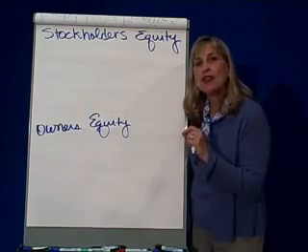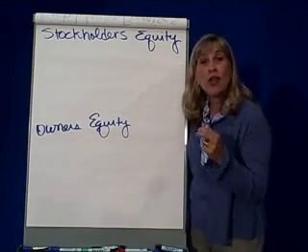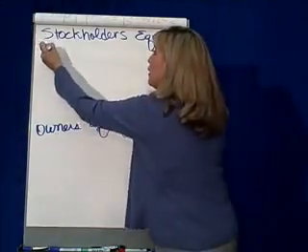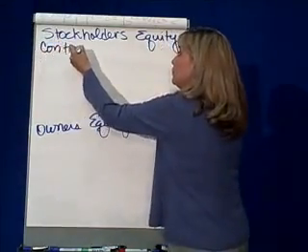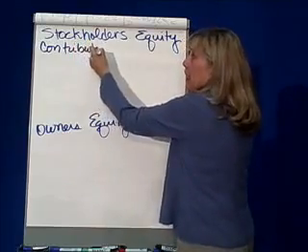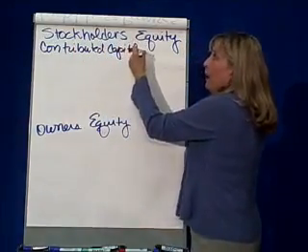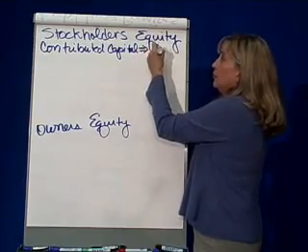Ownership in a corporation can be one of two kinds. You can have external ownership, which is called contributed capital. Contributed meaning given, capital meaning money or resources. Now, this is external.